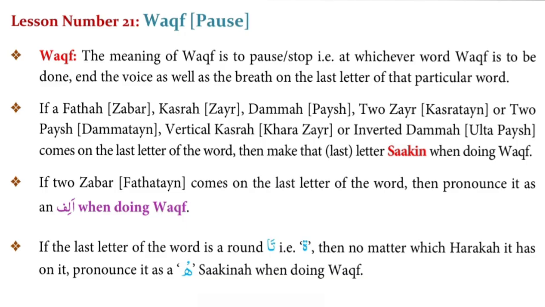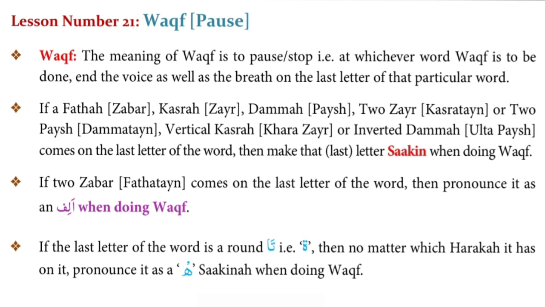Next rule. If the last letter of the word is a round ta, then no matter which harka it has on it, pronounce it as a ha sakin when doing waqf. Dear viewers, if you see round ta at the end of a word and you want to read that word with waqf, you will change round ta with ha sakin.